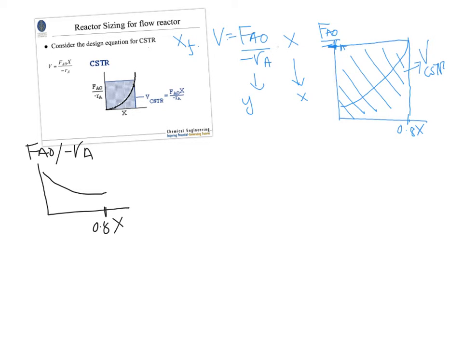So what is the volume? The volume of the reactor is still from 0.8, you go up touching the plot, and then from the intersection you go to touch the y-axis. So this will be your volume of CSTR.